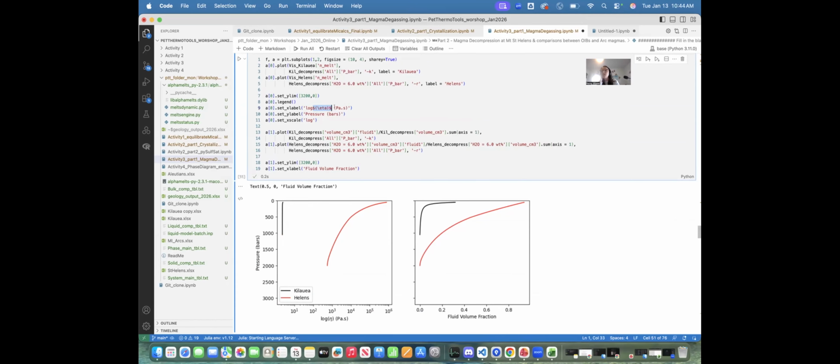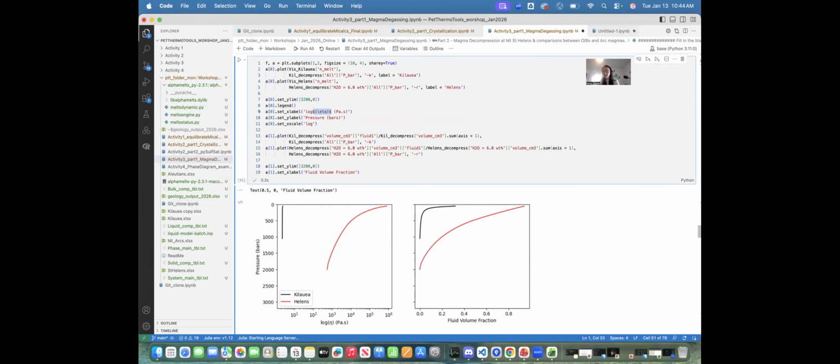So you can basically see that Mount St. Helens is 4 orders of magnitude more viscous, and that difference gets even bigger as you ascend towards the surface. And then obviously it's got way more fluid volume, so it does make sense that it's pretty explosive as things go.